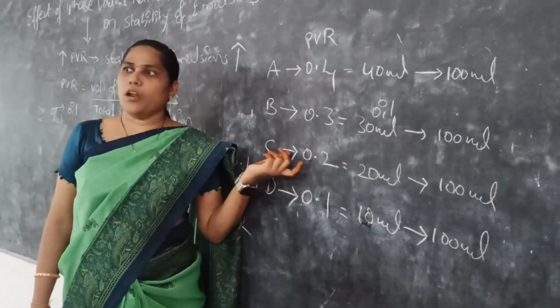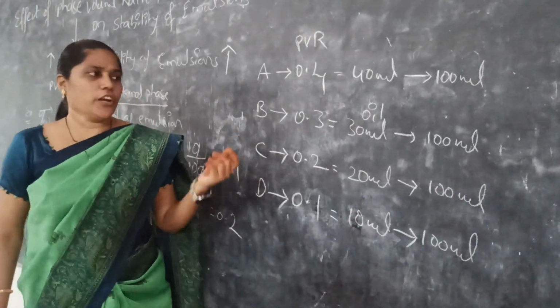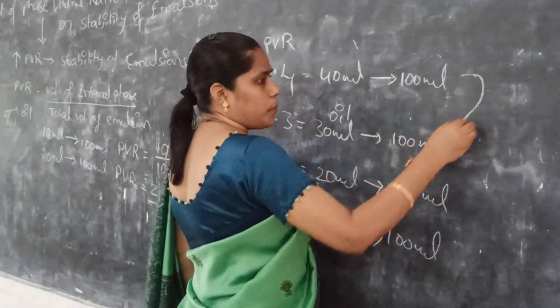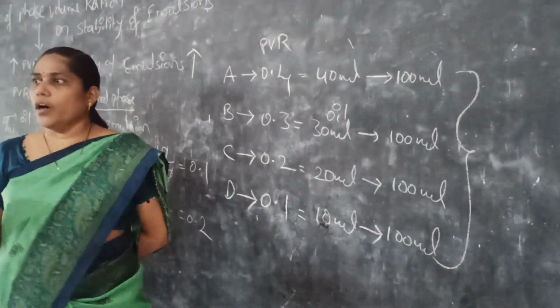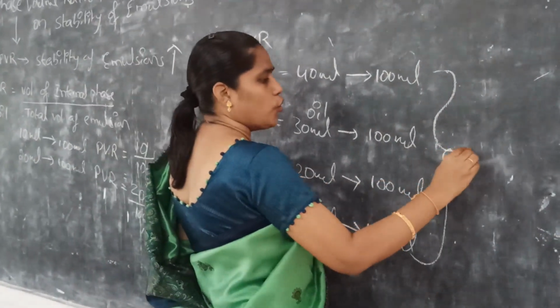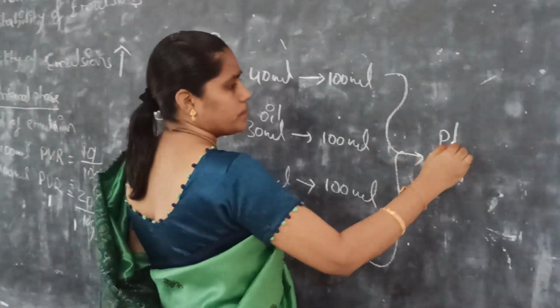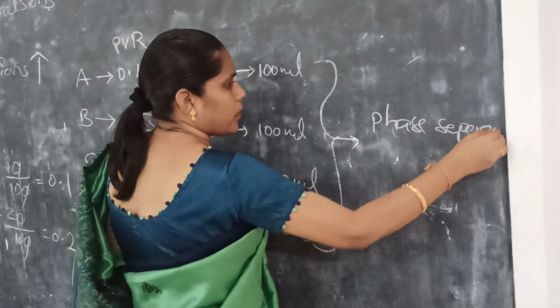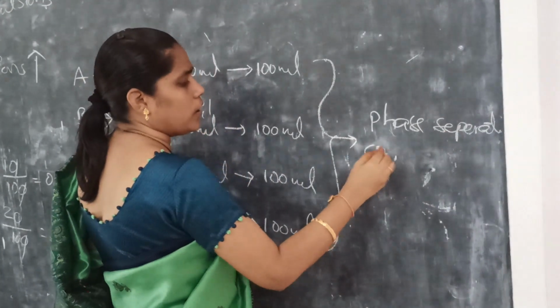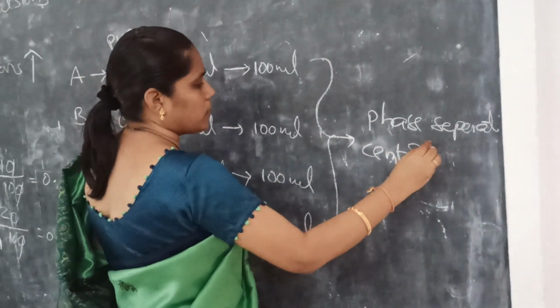In laboratory scale, what we do is the centrifugation method. After preparation of all these emulsions, we subject them to centrifugation to fasten the phase separation.